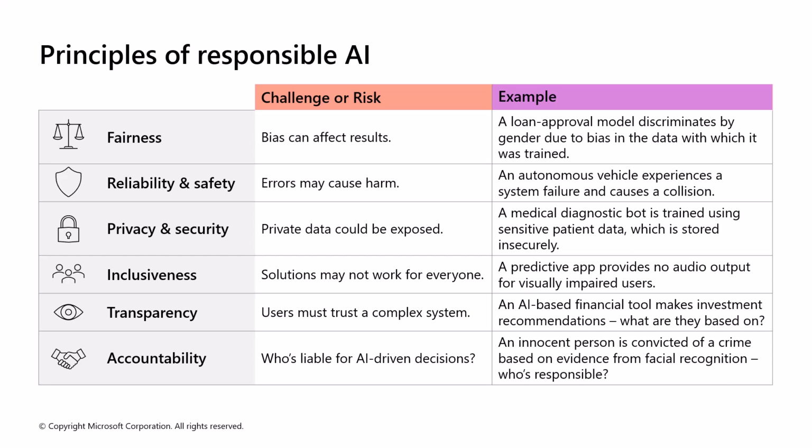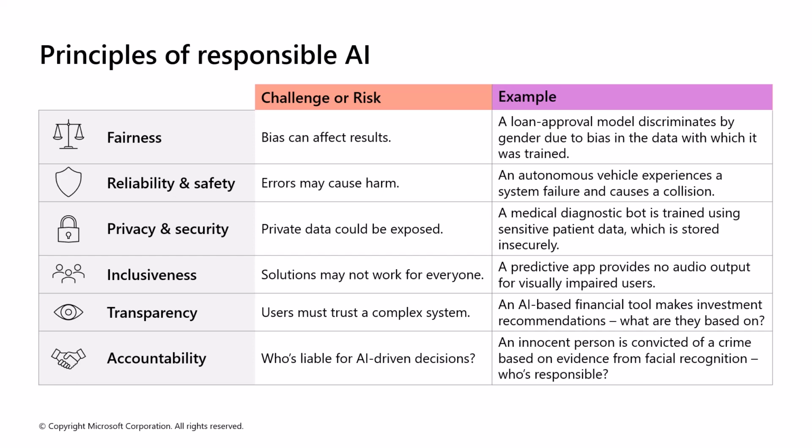So the principles of responsible AI are fairness, reliability and safety, privacy and security, inclusiveness, transparency, and even accountability. So for responsible AI, basically, these are the principles.